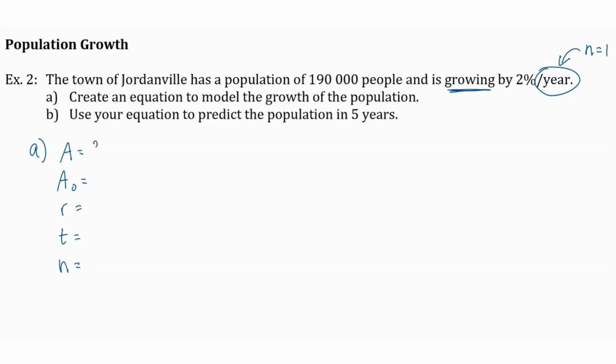That's the final amount, so there's a question mark. The initial population is 190,000, so that goes there. The rate is 2%, so it's 2 divided by 100. Again, when you use your calculator, you get 0.02. In part B, T is going to be 5 years, so you can add that in or not. And n, as we already said, is 1.